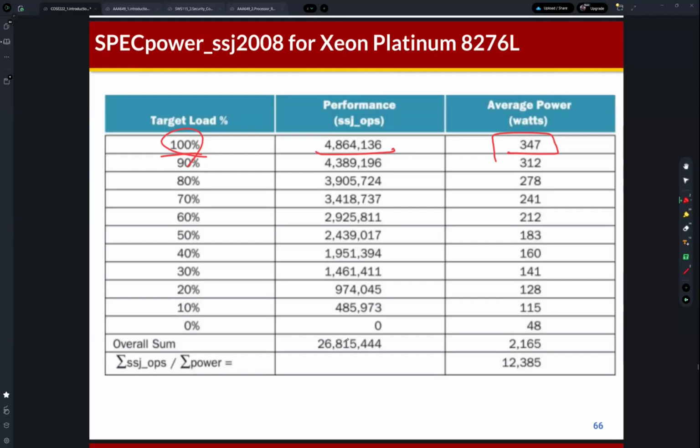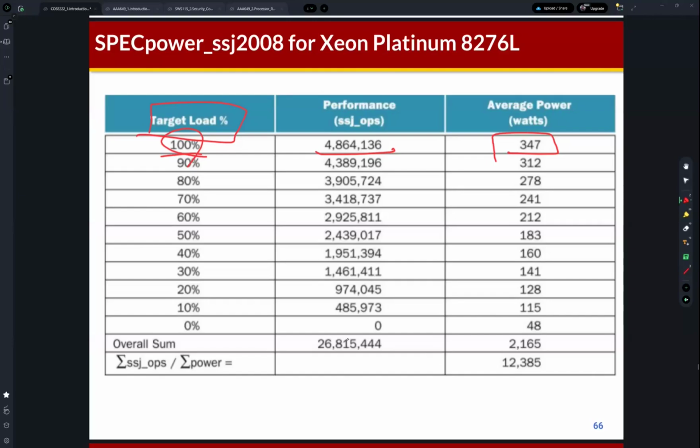A server is a very high-performance computer system, designed for running many concurrent tasks. The target load is the percentage of load on the server. 100% means that the tasks occupy 100% of the server's resources.